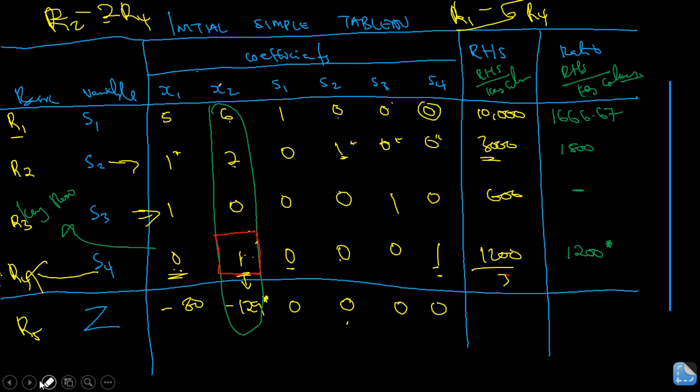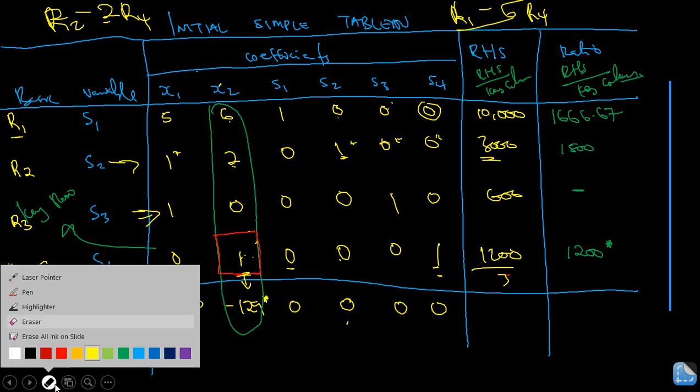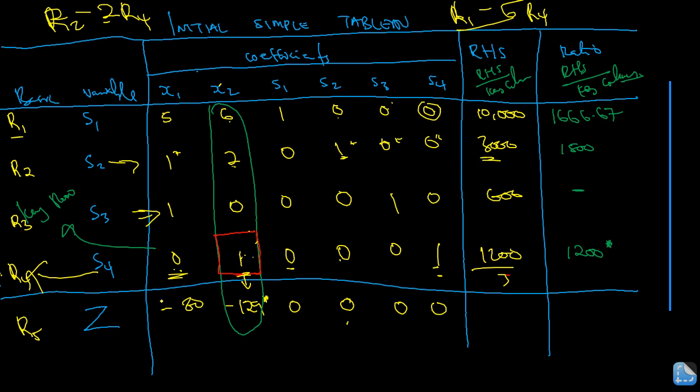Okay. So for row 5, we said it to be R5 plus 129 R4. So we do the same thing for all of these values. Okay, so we have negative 80 here, so it will be minus 80 plus 129, open bracket, and then what is your R4?